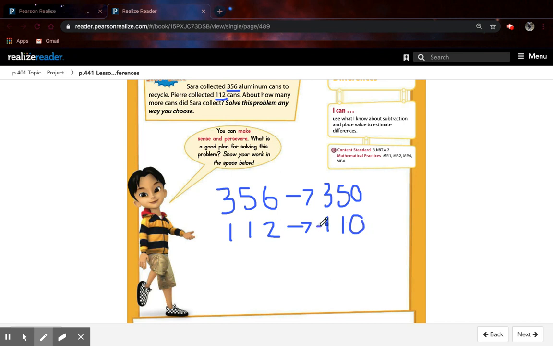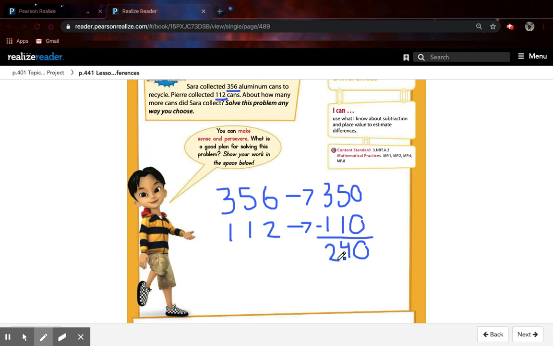So if I were to subtract this, 0 take away 0 is 0, 5 take away 1 is 4, and 3 take away 1 is 2. So she collected about 240 more than Pierre.